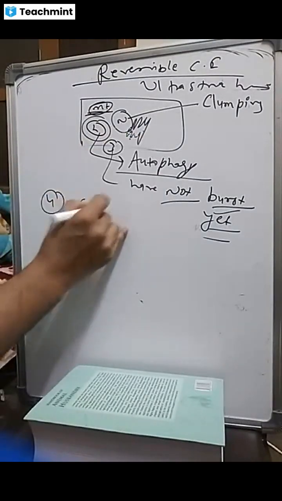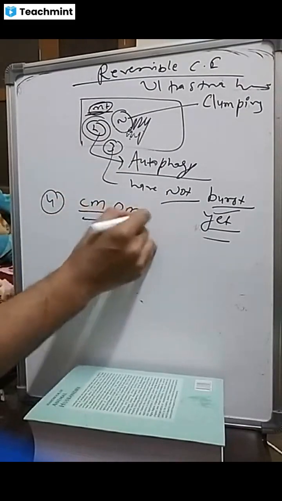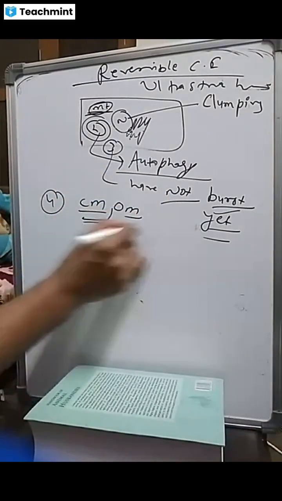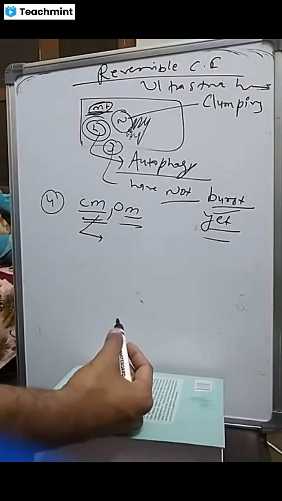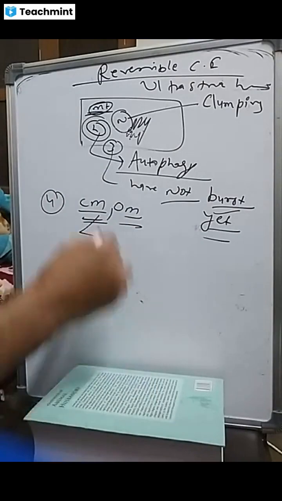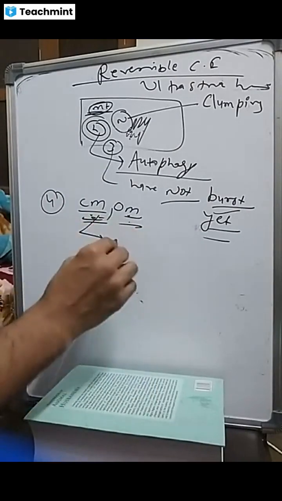Last is cell membrane, organelle membrane. What happens at this level?